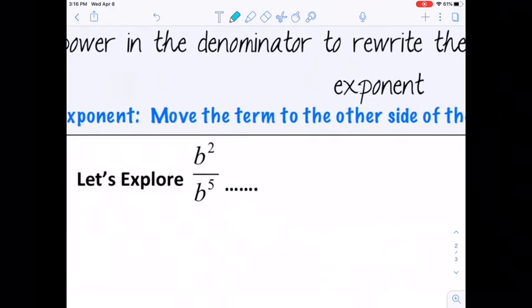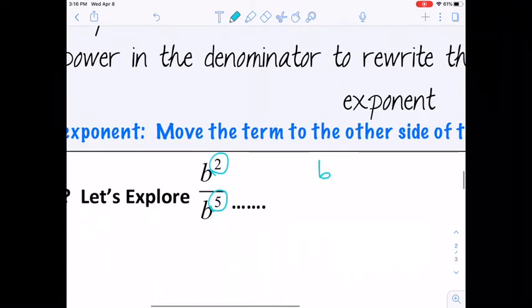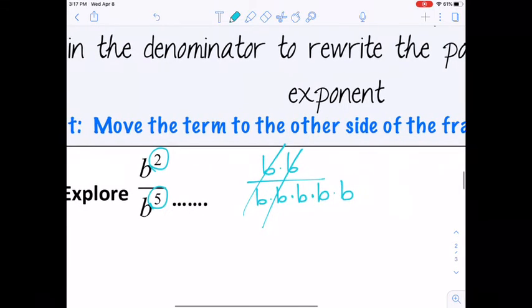Why would we do that? B to the 2nd over b to the 5th. That means b times b, and then in the denominator, I have 5 b's being multiplied. More of them are in the denominator than in the numerator, so my leftover b's are going to be in the denominator, and there's 3 of them, b to the 3rd.